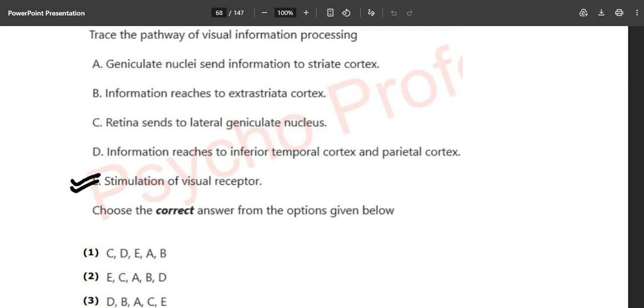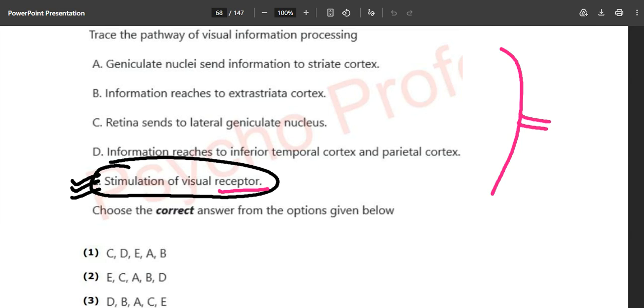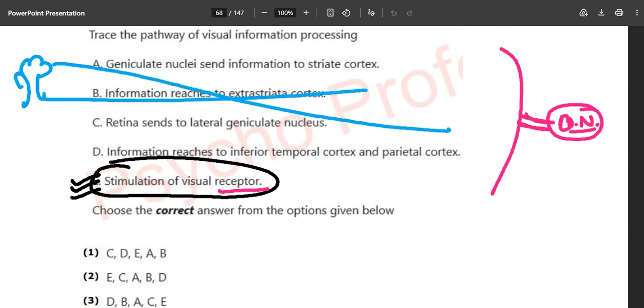The first one will be option A, stimulation of visual receptors. Before information is sent via the optic nerve, what happens? You look at this tree, and the image is produced in inverted form on the retina.